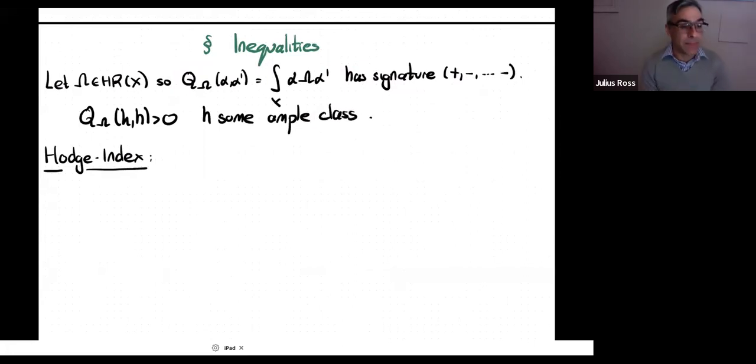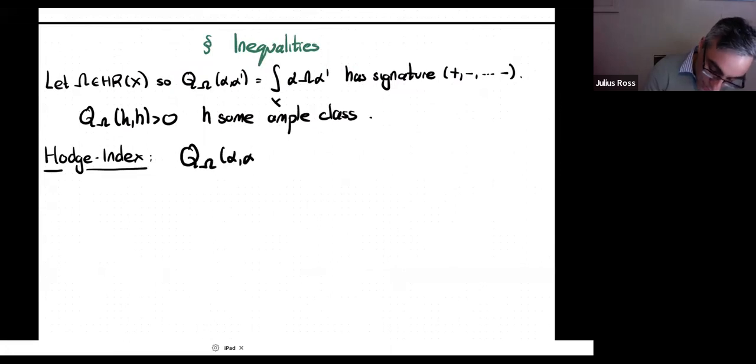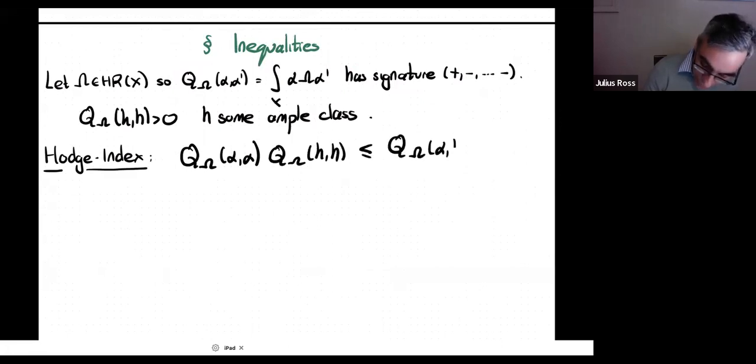So it has this positive direction. As I expect many of you know, if you have this setup, you have a Hodge index theorem. This says that Q omega of alpha alpha times Q omega of HH is bounded from above by Q omega of alpha H squared. This is just a formal consequence of having this particular signature.